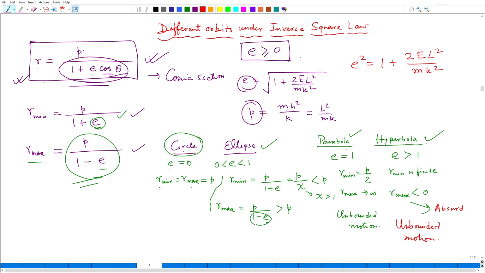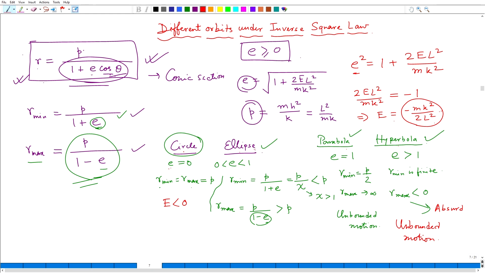If I say E is equal to 0, then 2 E L square by m k square plus 1 is equal to 0, that means this is equal to minus 1, and your E is simply equal to minus m k square by 2 L square, which, if you remember, is the case for the minimum potential energy, and your total energy is given by this one. Okay. So your E is negative.